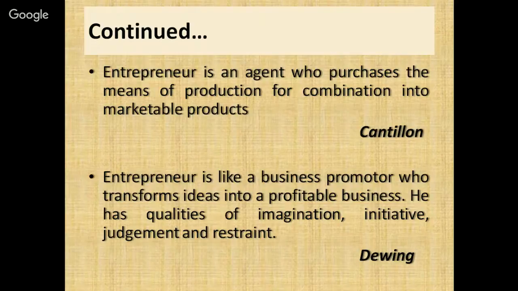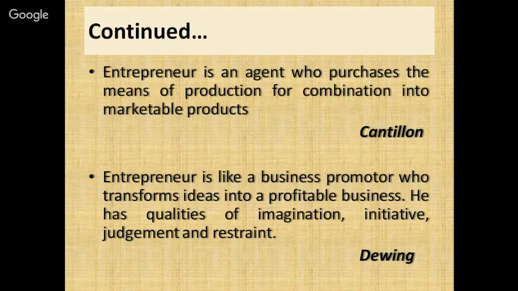Potatoes sell at 10 or 15 rupees a kilo, maybe 7 rupees a kilo if you buy 5 or 10 kilos together. But when you have machinery and a plant, you convert it into chips, package it, and sell it in the market. For 100 grams you get a good amount of money. So an entrepreneur is an agent who purchases the means of production for combination into marketable products.